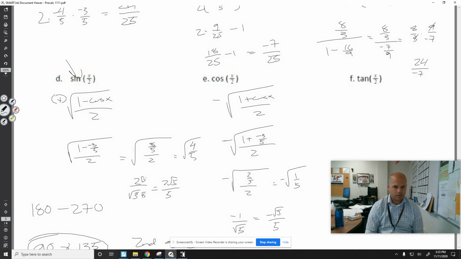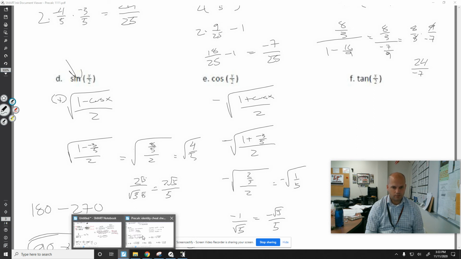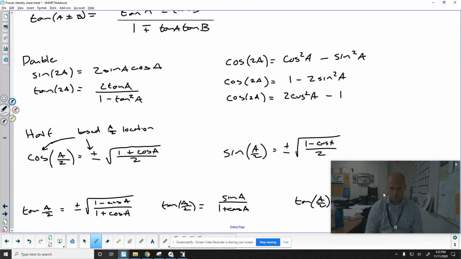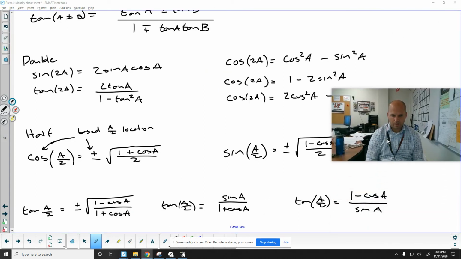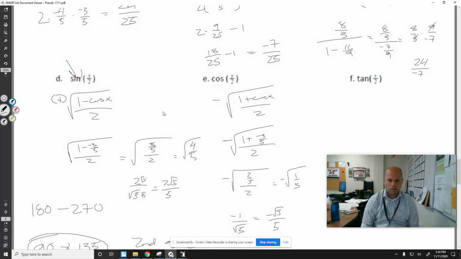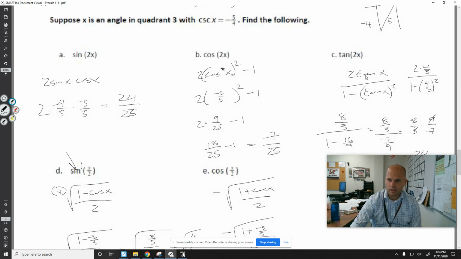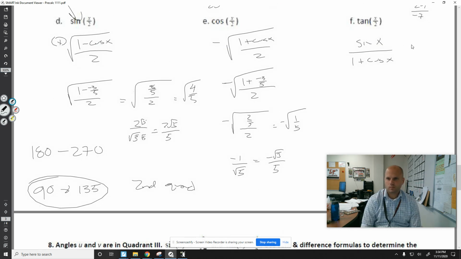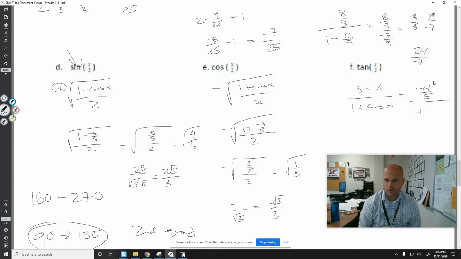And tangent's the easy one, right, for these halves? Tangent of A over 2 is sine A over 1 plus cos A. Sine x over 1 plus cos x. Sine x is -4/5. 1 plus cos x is 1 plus -3/5.